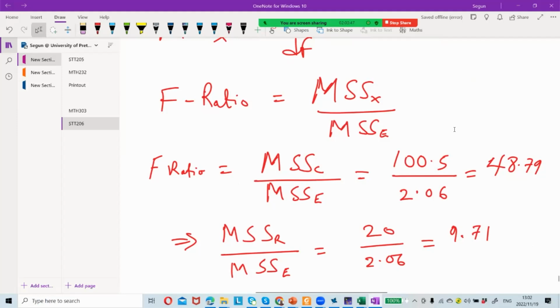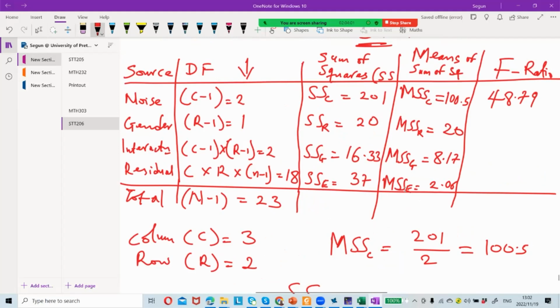I don't understand why you did that. Look at it now, you see the formula here. This is the formula. Divide by 2.06. That's why I put all this here. 9.71, right?